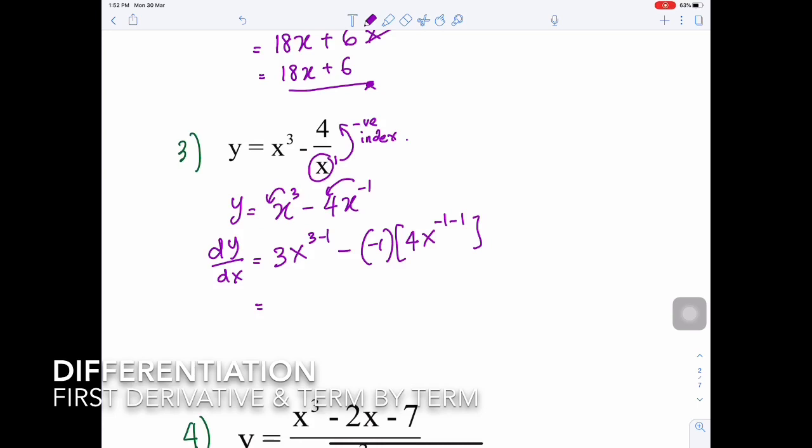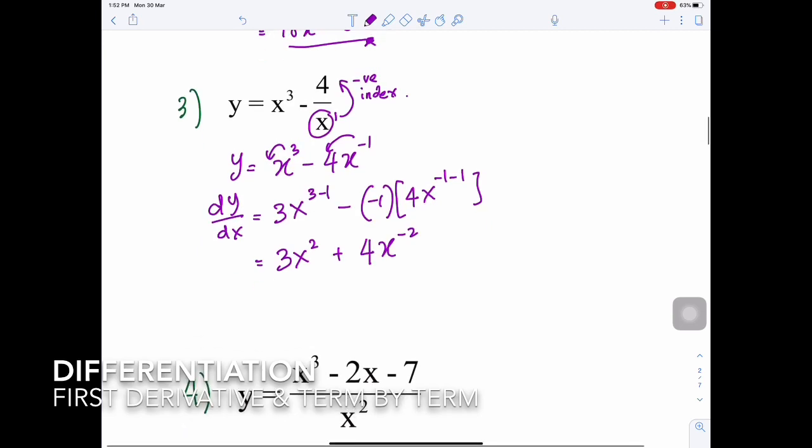And then simplify and rearrange: 3x power of 2 plus 4x power of negative 2. You can leave your answer like this, or as 3x squared plus 4 over x squared.